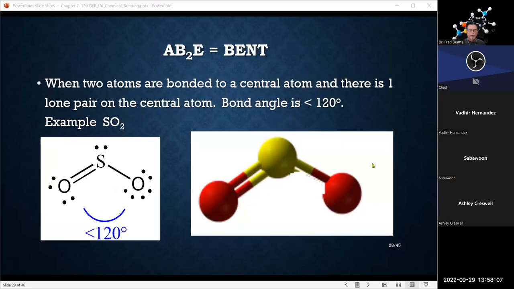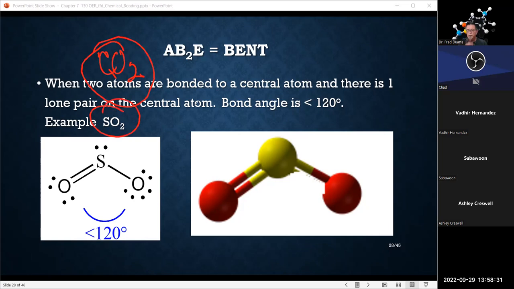Then we have what's called the AB2E bent, okay. Here's a good example. We just did carbon dioxide, okay, where we had CO2. And here we've got CO2, we've got SO2.